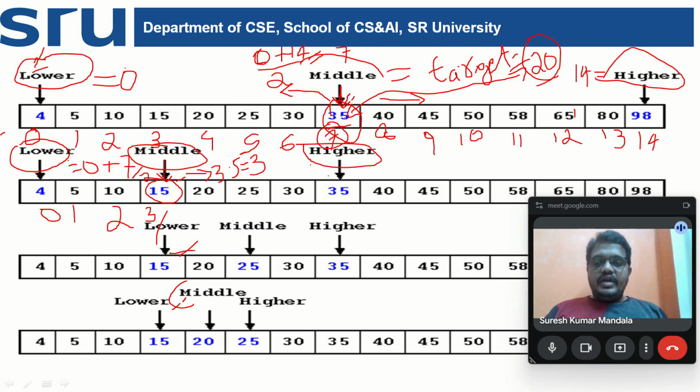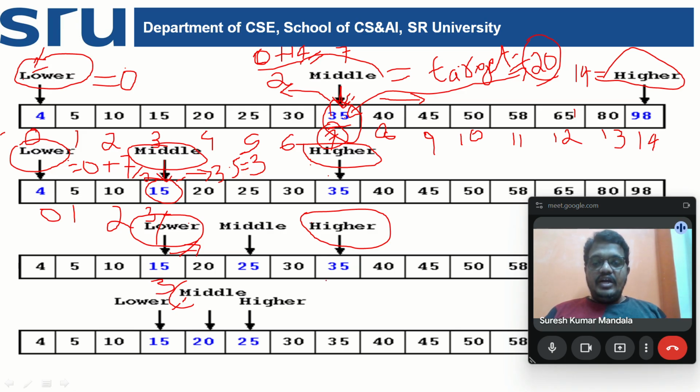When we move to the right side of the array, the middle value becomes the lower value. The higher value will act as the last index value. Then within these two, we again have to identify the middle value as we did previously. What is the index of 15? It is 3.